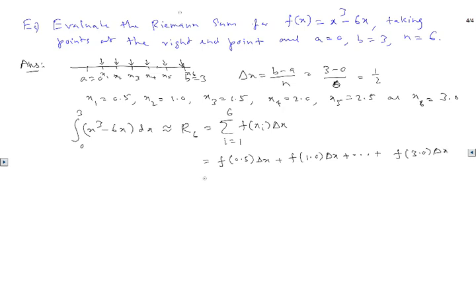You can see delta x is common, so you can pull it out, which is 1/2 in this case, and then you simply evaluate the function at each point. Make sure you use a calculator to get these 6 numbers, because you need to do that in the exam, maybe up to 2 decimal places.